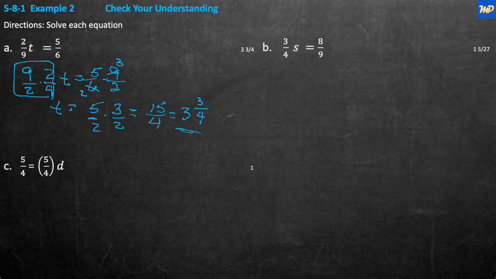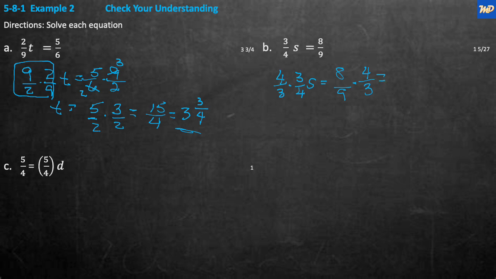B, 4/3 S equals 8/9. Well, again, we're going to get the S by itself. We're going to do that by multiplying S by the reciprocal of its coefficient, which is 4/3. The reciprocal is 3/4. So 3 over 4 times 4 over 3 S is equal to 8 over 9 times 3 over 4.